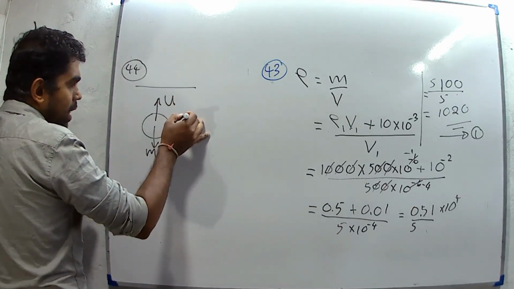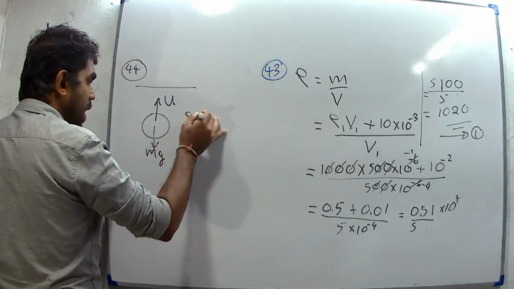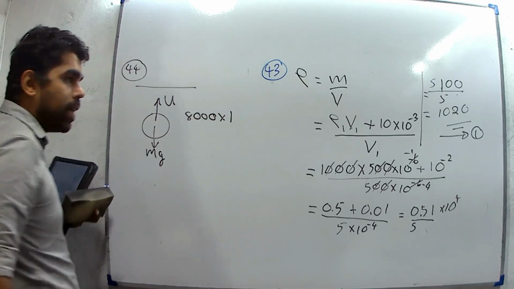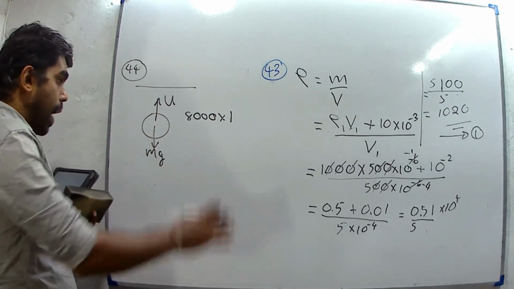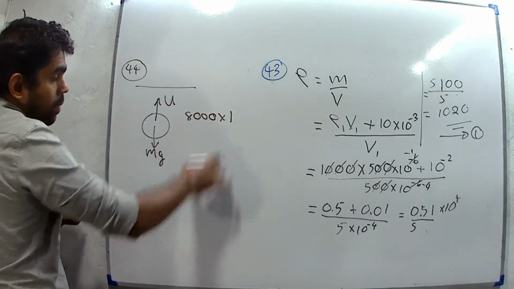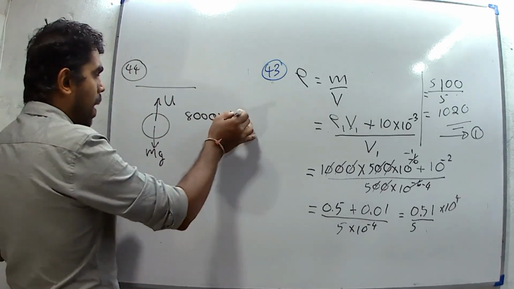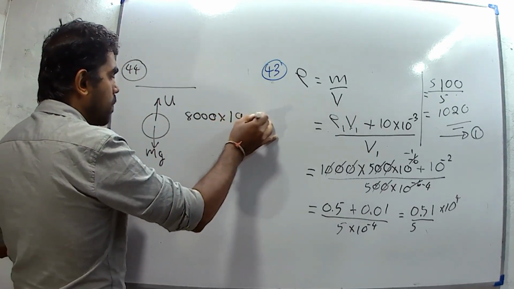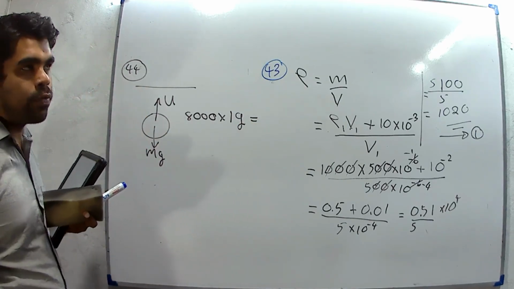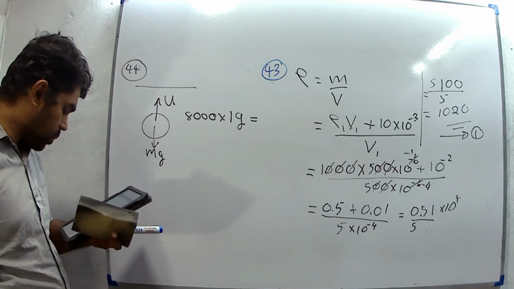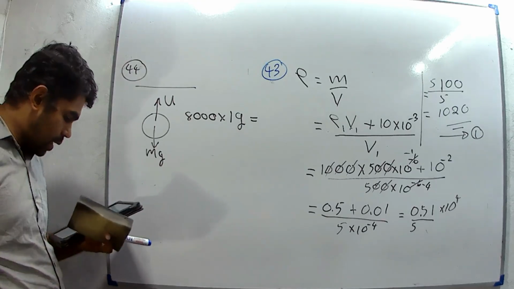We know that density into volume, 8 into 10 to the power 3 means 8000 into 1 cubic meter, which is the volume of the object. The product of these two terms is the mass of the object, and we multiply by g to get the total weight. We can neglect the weight of the helium and balloon. Then it should be equal to the upthrust to float the object.